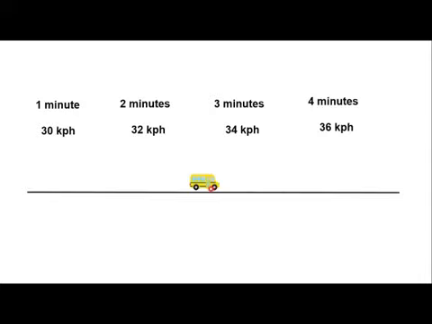At 1 minute, the speed of the bus is 30 kilometers per hour. Then after 2 minutes, its speed is 32 kilometers per hour, and this is now the second position of the bus. Then after 3 minutes, the bus is here. And then after 4 minutes, with a speed of 36 kilometers per hour, the bus is located here.